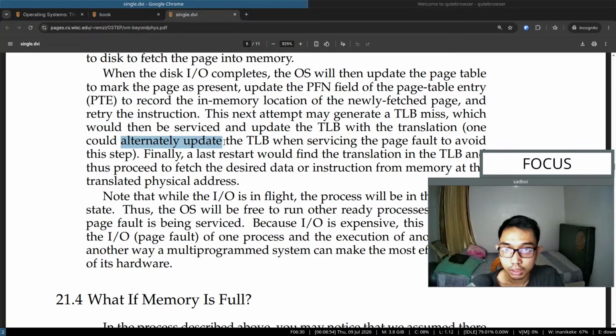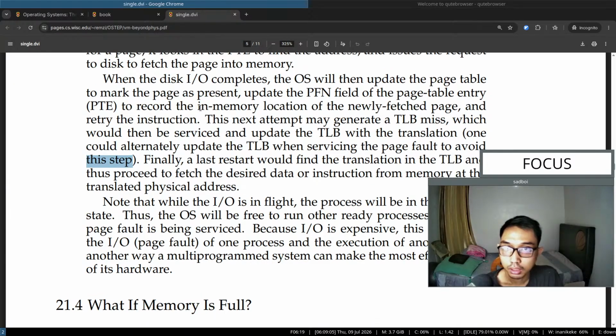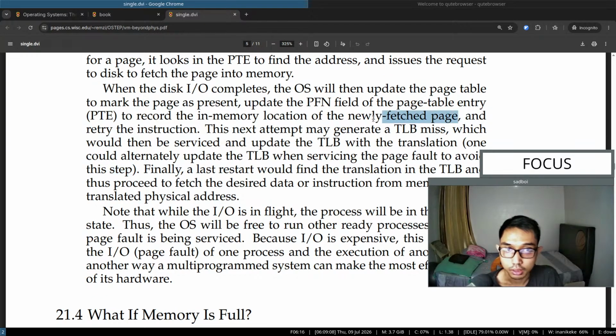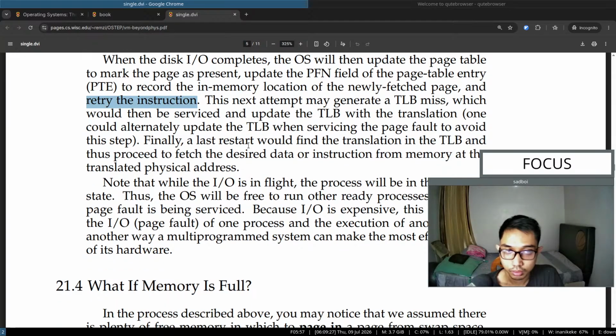What could alternately update the TLB when servicing the page fault to avoid this step? Right. So maybe we can also update the TLB, the translation lookaside buffer, after updating the page frame number field with the memory address and then retry the instruction, to prevent going through a TLB miss.